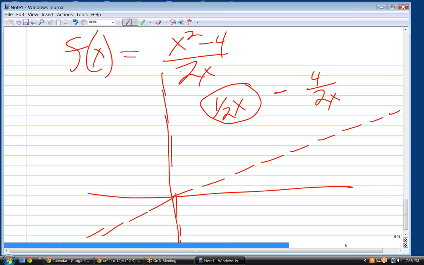Now, the question is, how do I graph this thing? Typically, these look something like this.